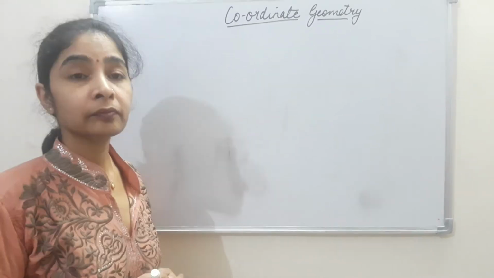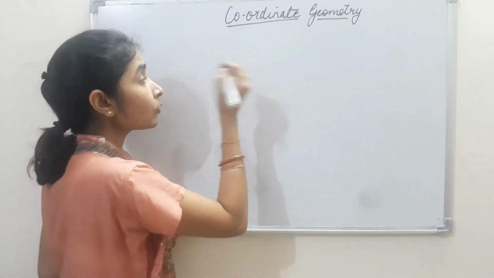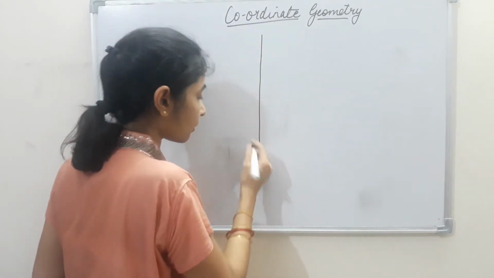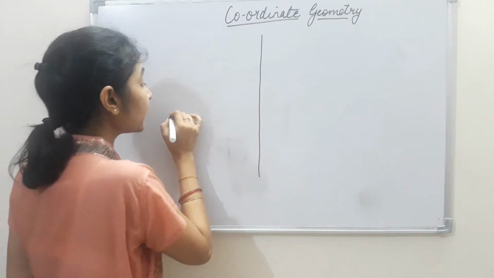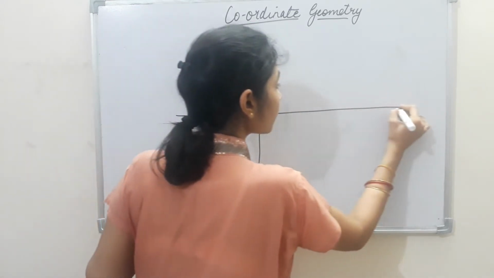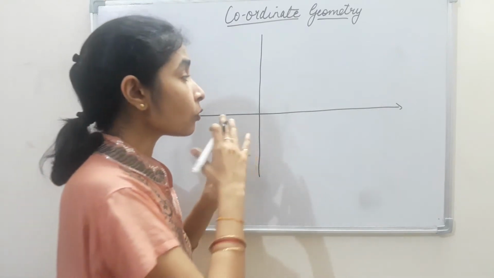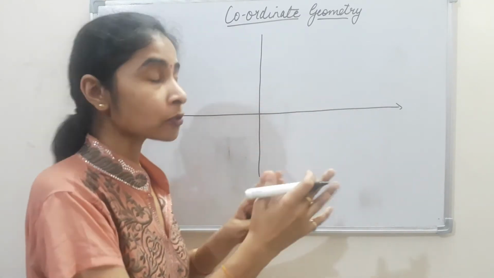Now let's see how he divides the plane. As I showed you in the previous example, he divides the plane into 4 quadrants. As we know, we need to know how much we are supposed to move horizontally and vertically.